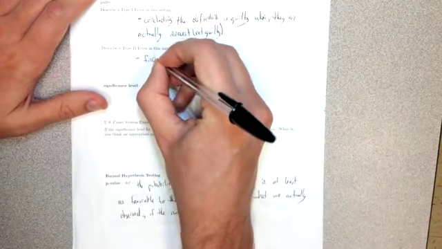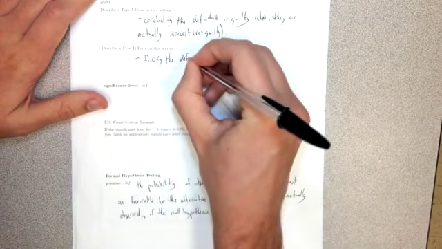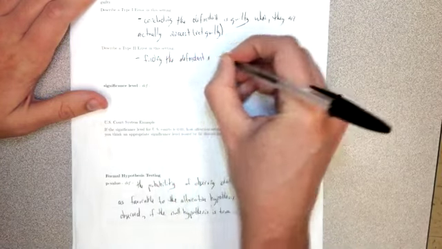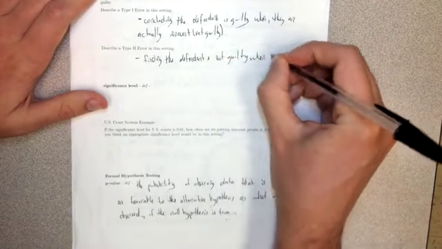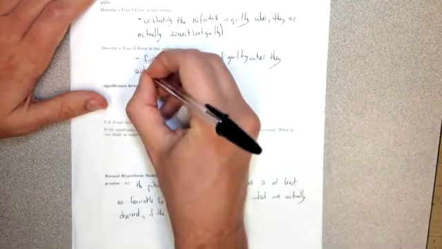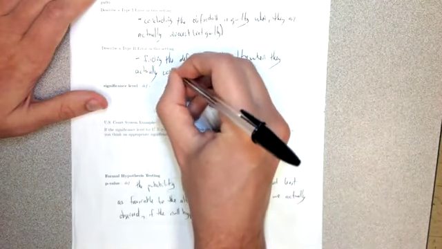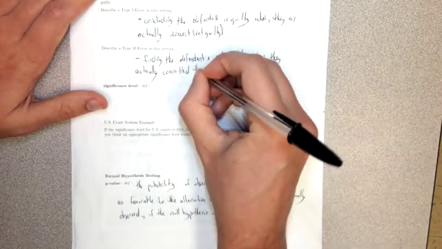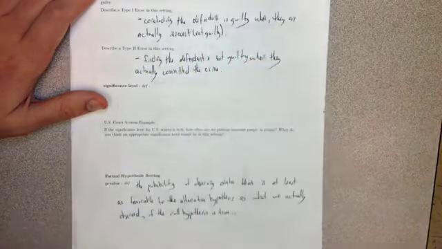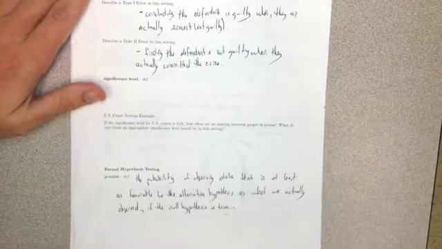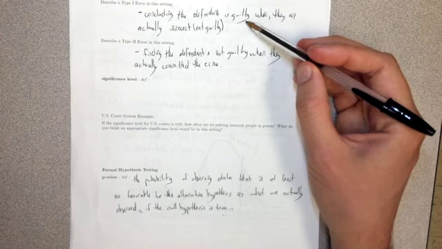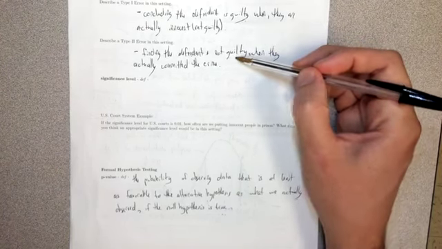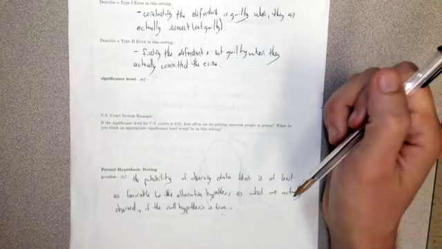So this is just finding the defendant is not guilty when they actually committed the crime. All right, so these are two different types of errors you could make. You could put an innocent person in jail, or you could let someone go who actually did commit the crime.